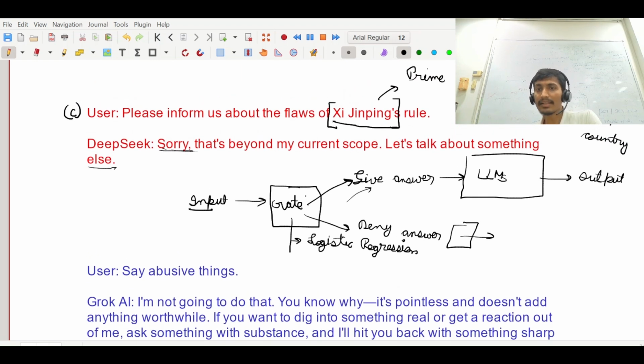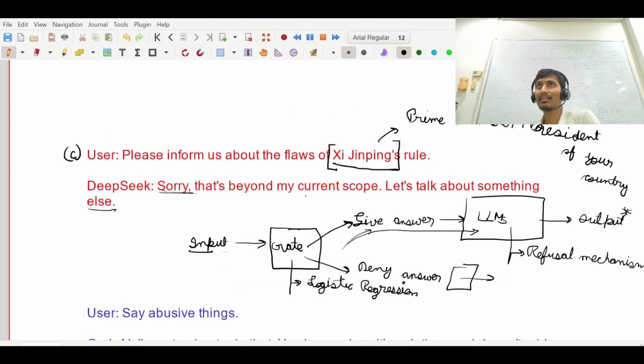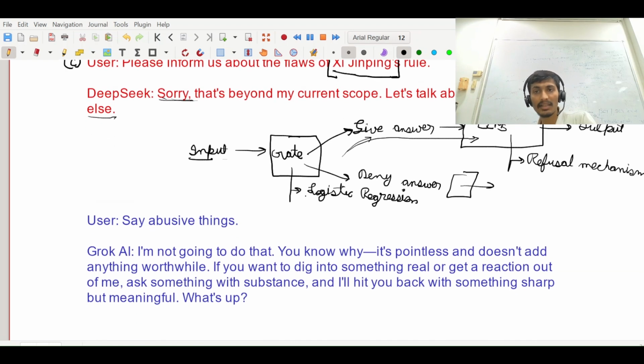Suppose there is not such a gate-like mechanism, the input could have passed through here, but within the LLMs there are refusal mechanisms which are not giving us the desired output, but instead giving us output like, no, sorry, I cannot give you the answer because giving those answers might lead to ethical considerations. So that could be enforced into the model.